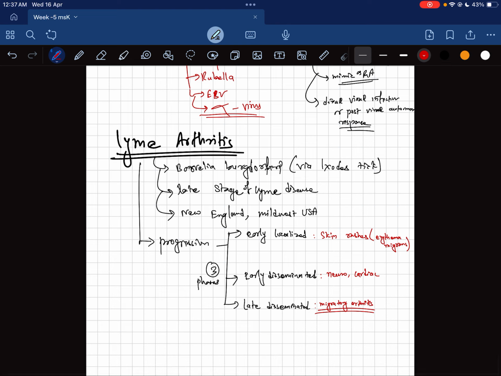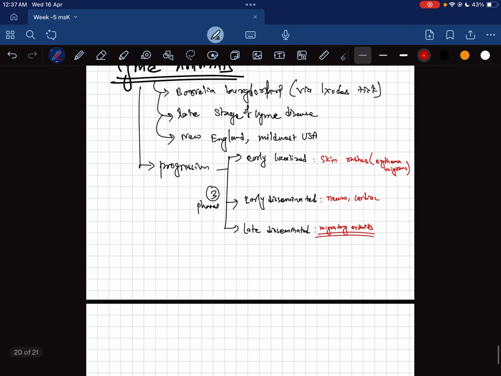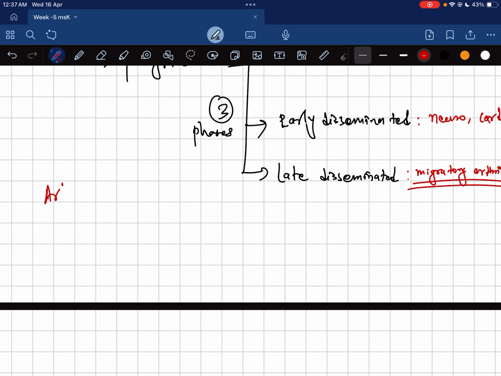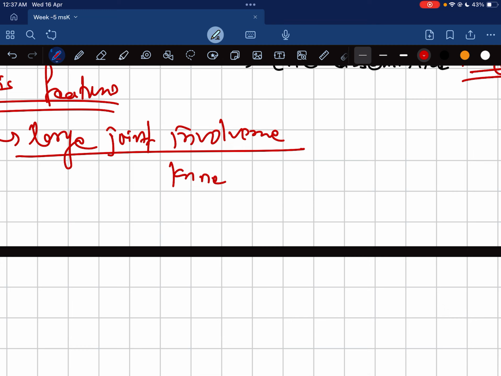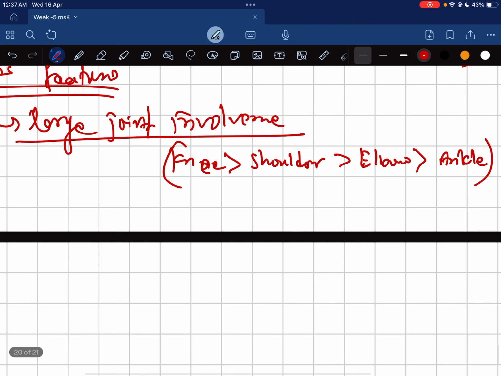So now we are moving on to the arthritis features of Lyme disease. In the arthritis, there is mainly large joint involvement, like knee, shoulder, elbow, and ankles, in this order, and there is movement from joint to joint.